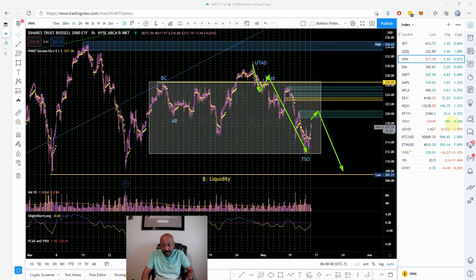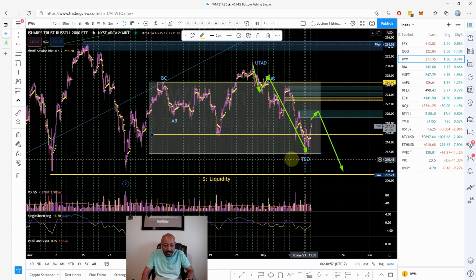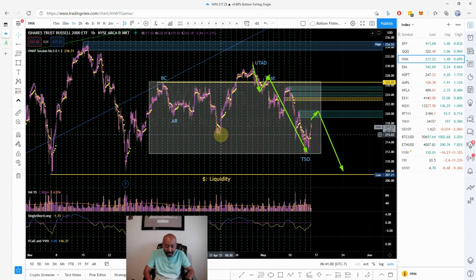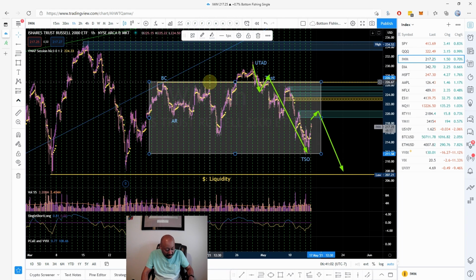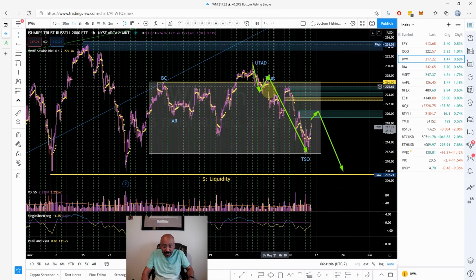Now, always what we are looking at is confirmation of us getting outside the test areas. So this is a test, this is a test. Which one will hold? We will see which one will hold, because both of them are acceptable.